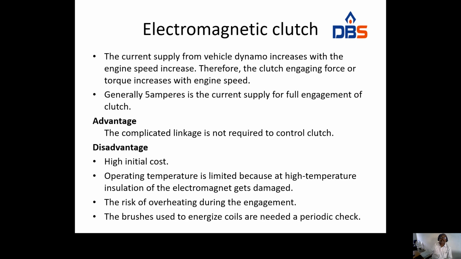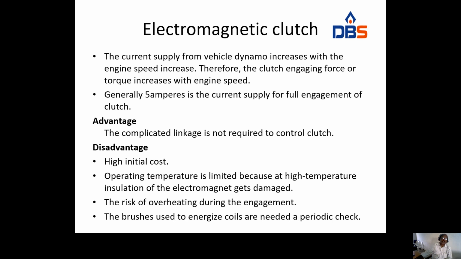The clutch engaging force or torque increases when speed increases, and it has some advantages and disadvantages. The advantage is that a complicated linkage is not required to control the clutch. Here there is a very simple mechanism, with no complication of mechanical parts.